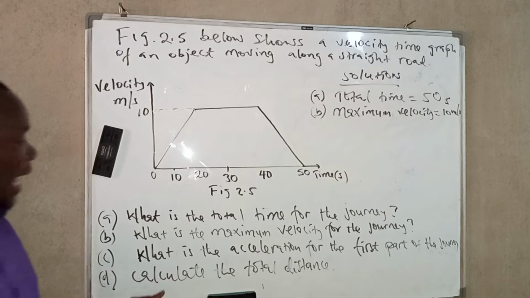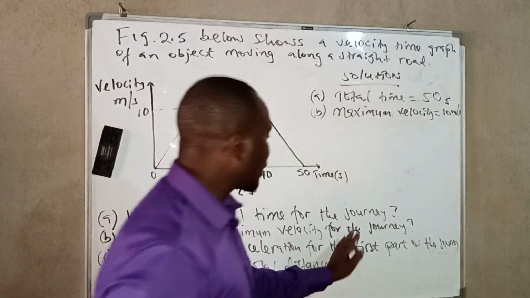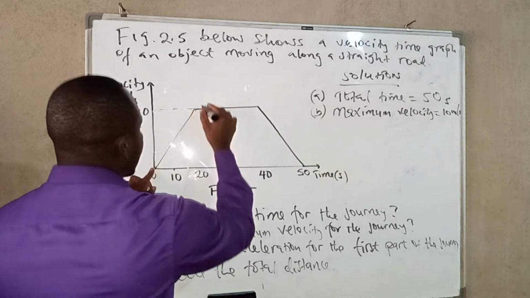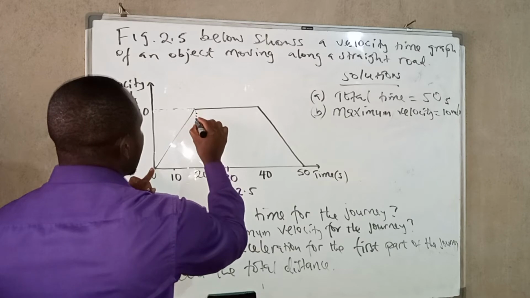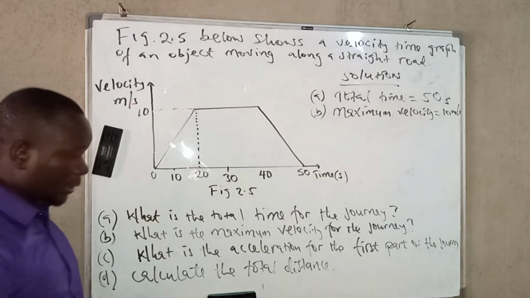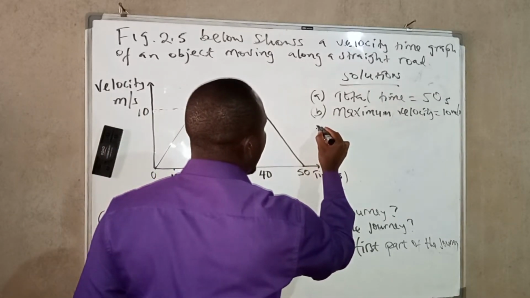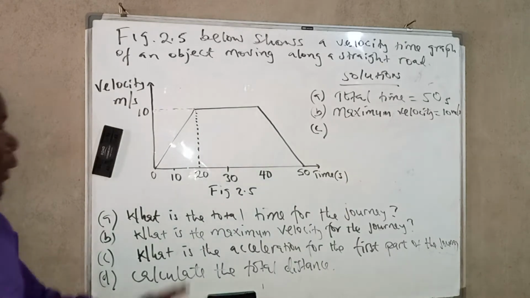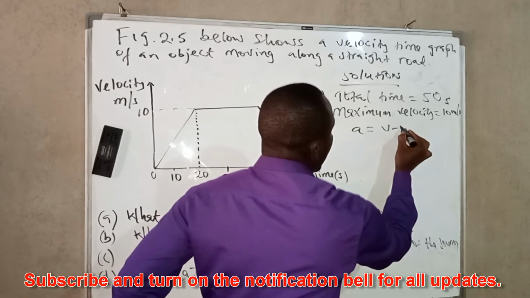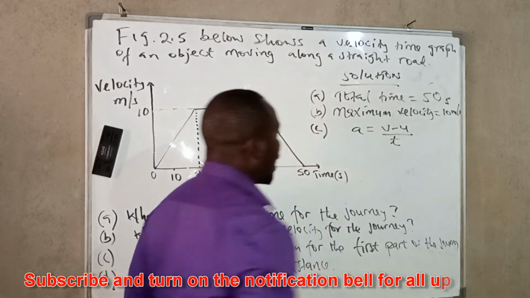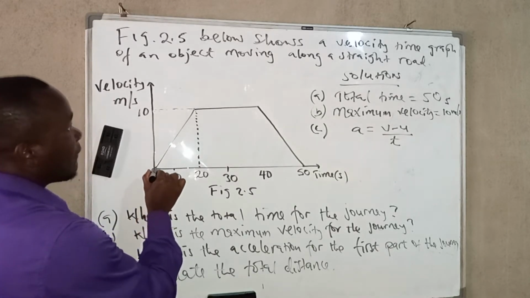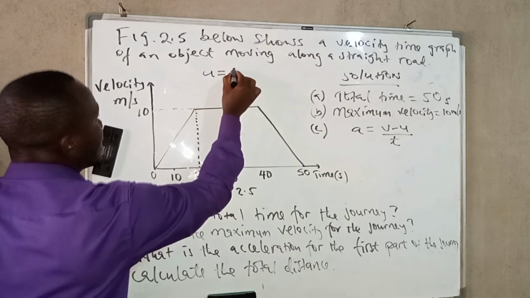Then, what is the acceleration for the first part? From this point to this point, we have these dotted lines to show that. So this is part C. We know that acceleration is given by the change in velocity, v minus u over t. Since the object is starting from 0 here, the initial velocity u is 0.